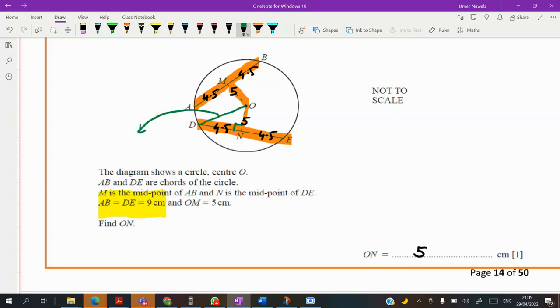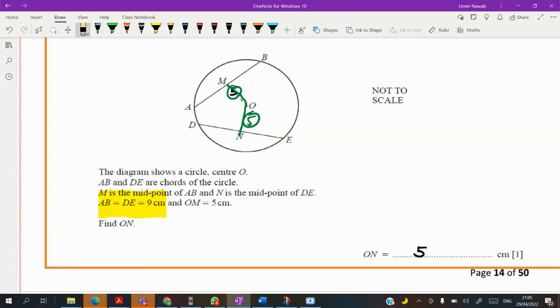So if you want to find the radius, you could have used 4.5 squared plus 5 squared by using the Pythagoras theorem. But this is extra work. It's not needed. As I said, my friends, the chords have the same length, so the distance of the chords from the center must be the same. So if this is 5, this is also 5. No need to do this extra work.